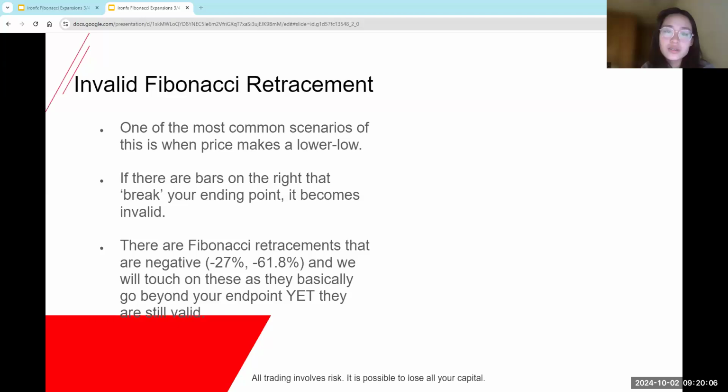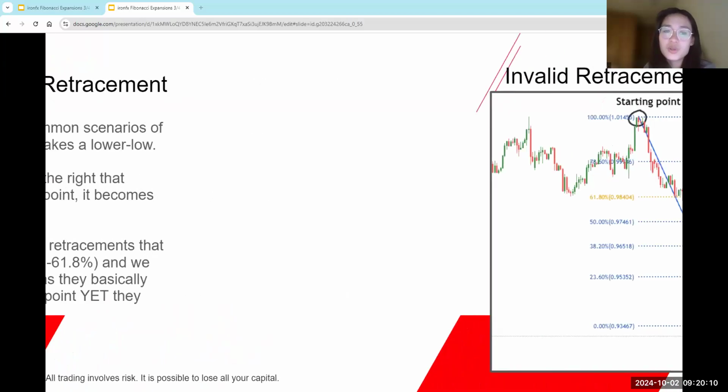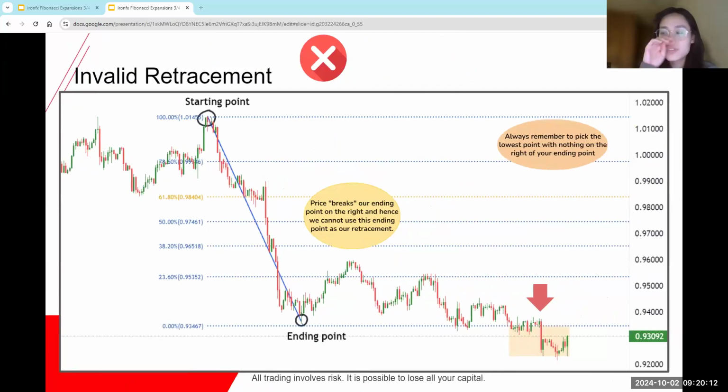But basically, if they go beyond your endpoint, okay, I'll just show you an example here. If they go beyond your ending point here, it's considered invalid. So in this example, we have price breaking that 0.0% and it's made a lower low. So you always want to remember to pick the lowest point with nothing on the right of the ending point here.